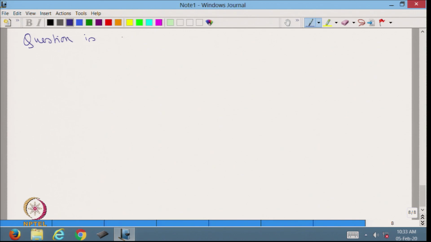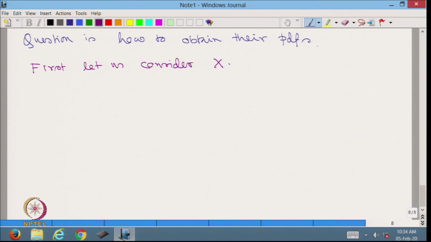Question is how to obtain their PDFs. So, first let us consider x(n), that is the nth order statistic, that is maximum of x1, x2, ..., xn.